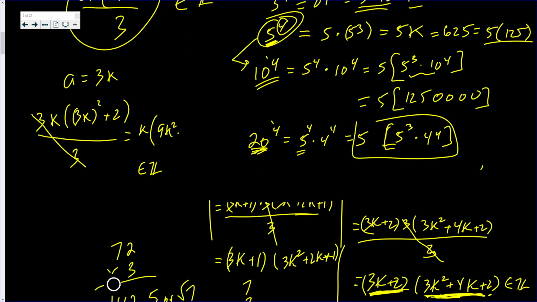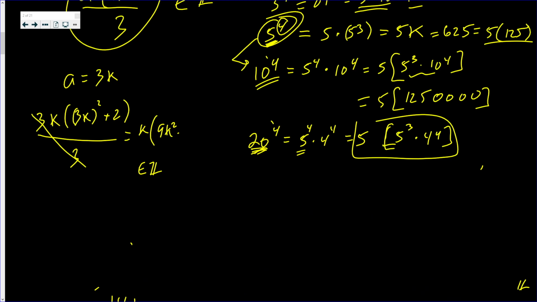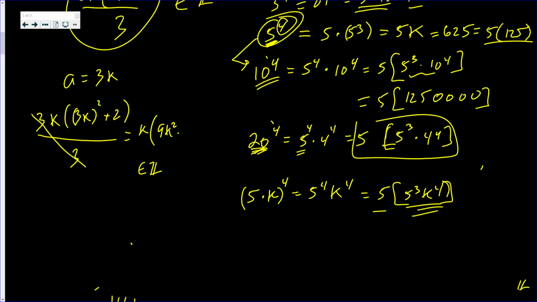As long as I have a multiple of 5, if I have 5 times k to the 4th power, this will be 5 to the 4th, k to the 4th. I can factor out a 5, and then I get 5 times k. Okay, the only way, so if you have y to the 4th is of the form 5k, then y is in the form of 5l.